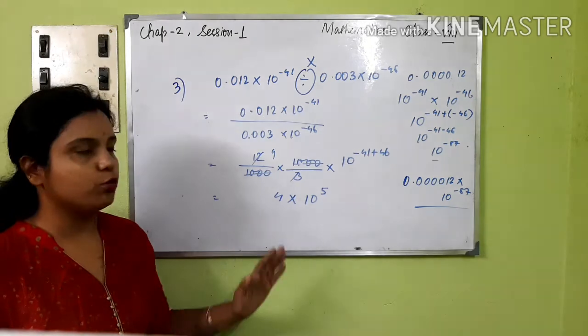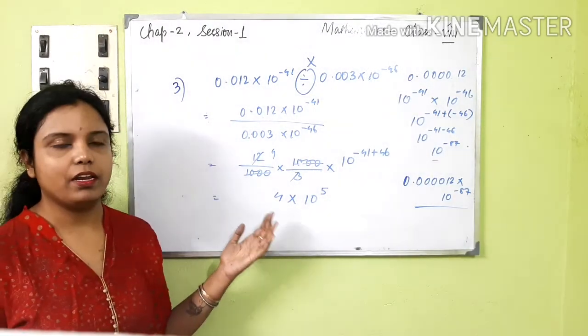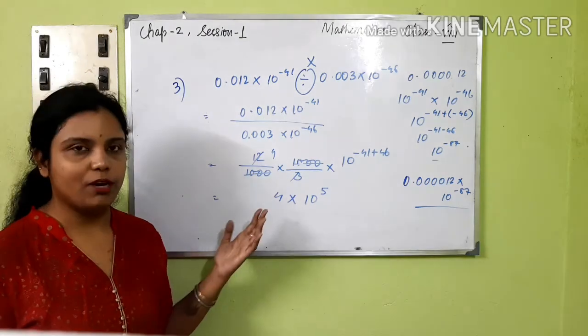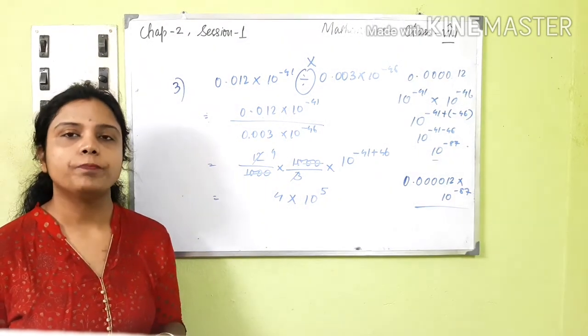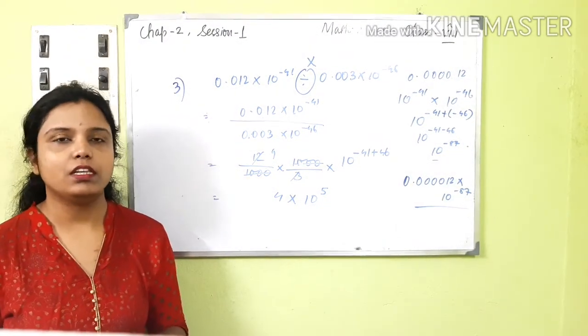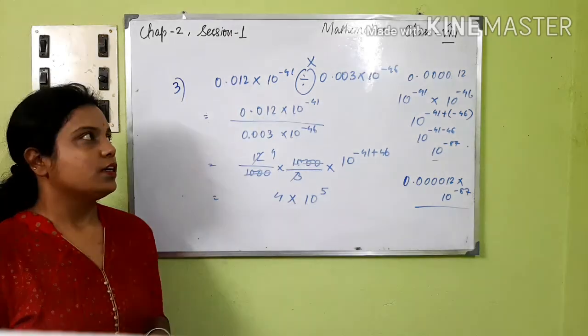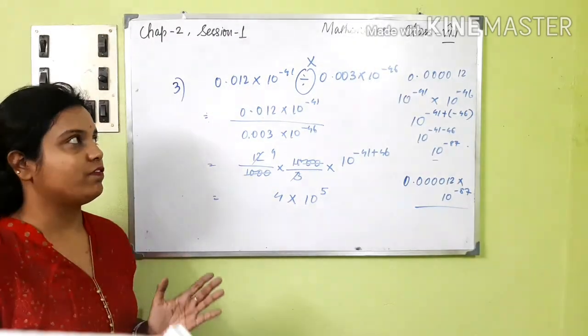But yes, this portion is not there, only the comparing and expansions. The chapter is there for them, for the laws and all. So please be very careful with this chapter, because you will be needing it in other classes or other chapters even. So let's say that we have finished this.